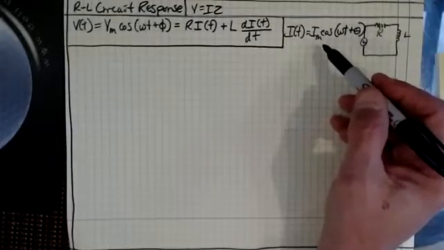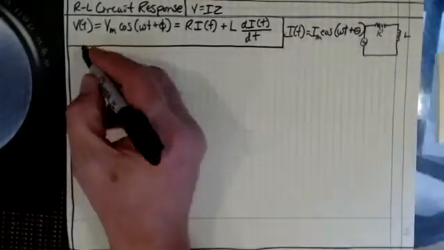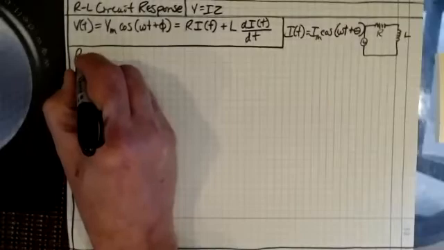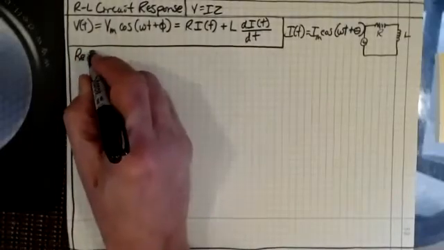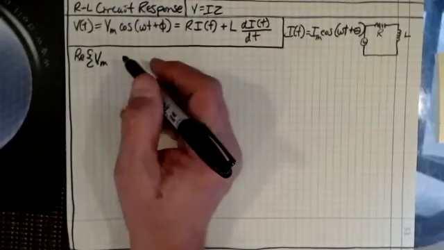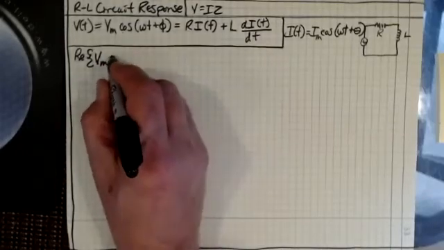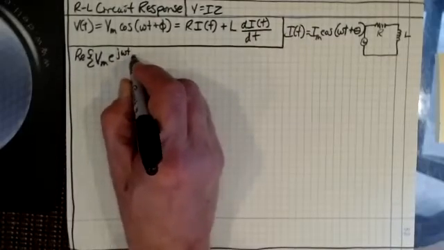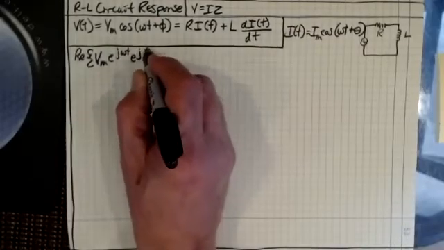Let's rewrite the whole equation that I've got here in its exponential form. So I'm going to say that this is the real, we'll do them one at a time. This is the real of V max times e to the j omega t times e to the j phi.